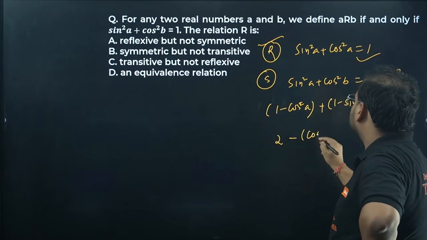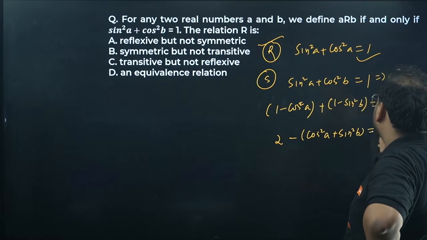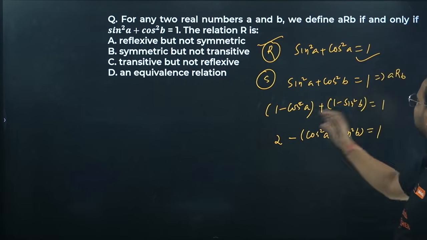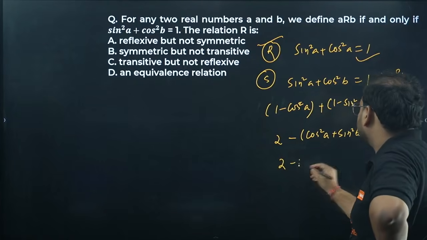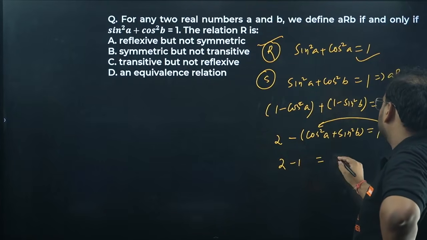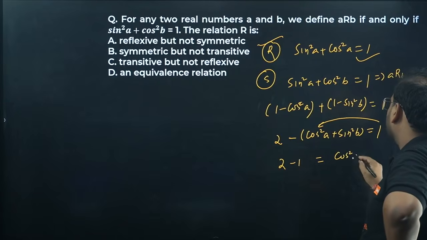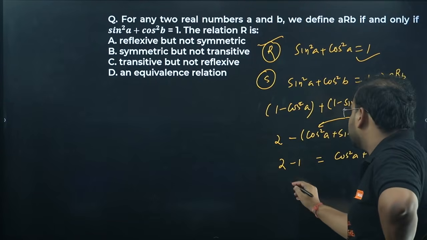It will become cos square A plus sin square B equals 1. Now move the 1 to this side and this bracket over to the other side. So we get 2 minus 1, and this will become plus. So I get cos square A plus sin square B, 2 minus 1 is 1.